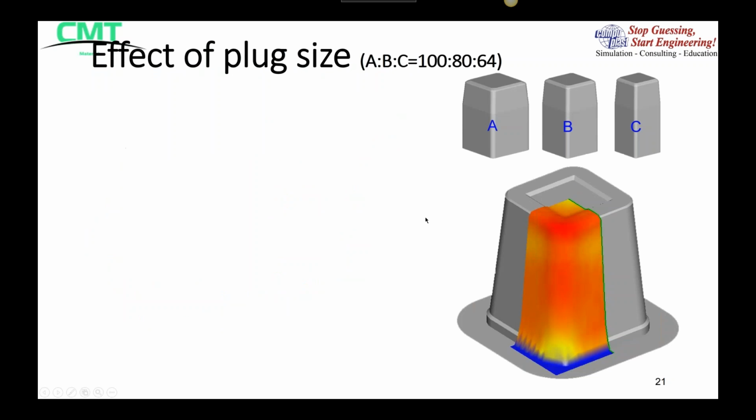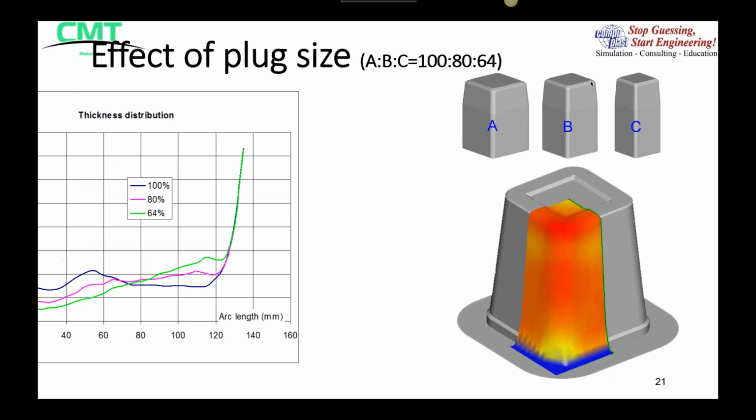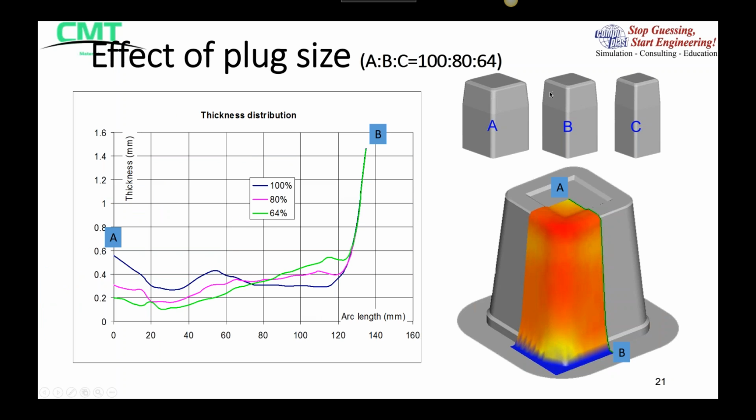And finally, we can also study the effect of plug size, or for that matter, plug shape. Just to make things simpler, in this example we've taken a plug and reduced it by 80%, and reduced it by 80% again, and used it to form at the same full depth, 90 millimeters.